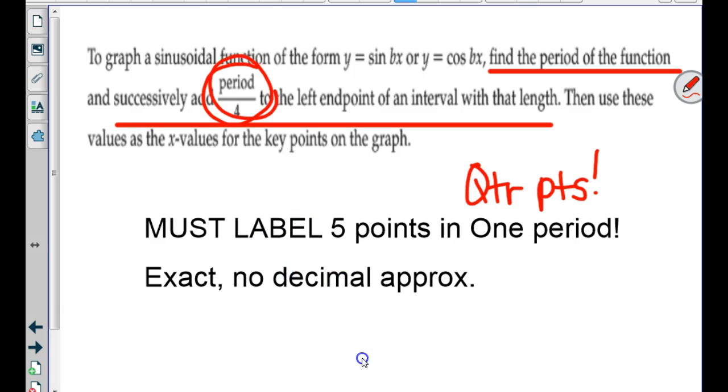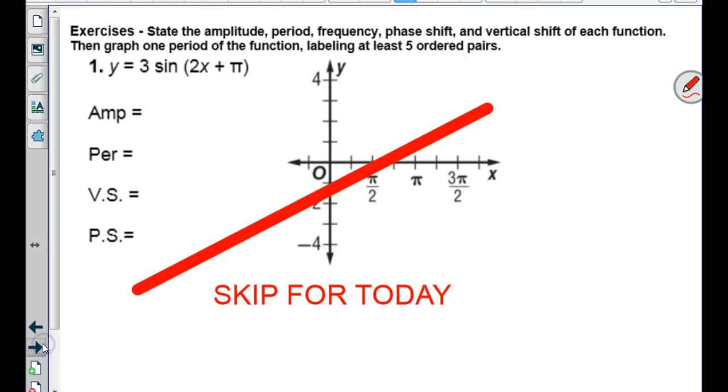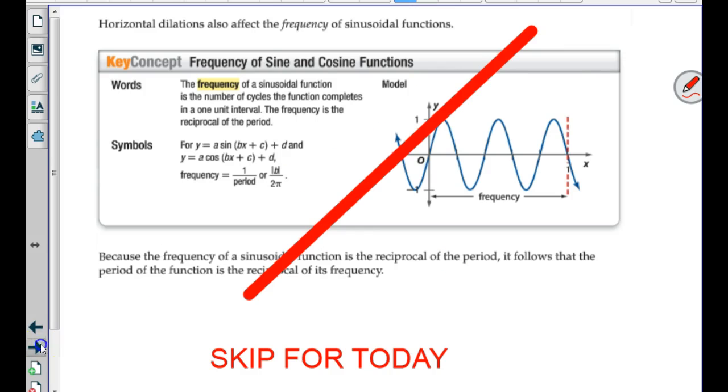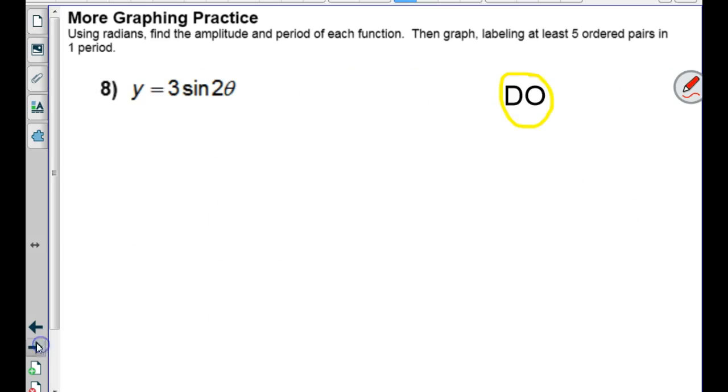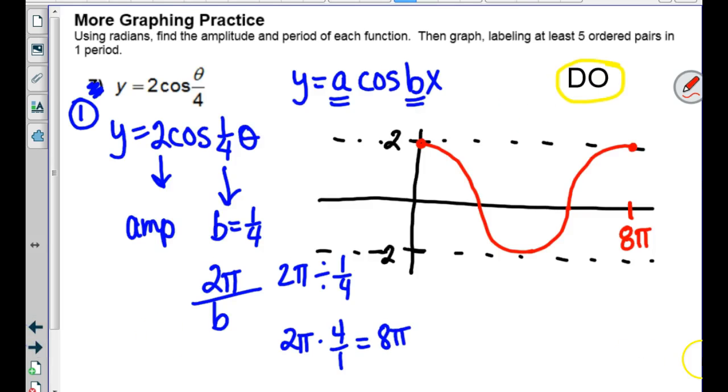And you can't use decimal approximations. So on this one, halfway here would be what? 4 pi, and half of that would be, so where's the 2 pi go? Okay, but it should be right where it crosses, right?